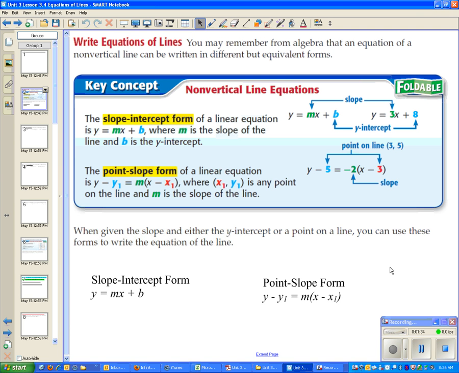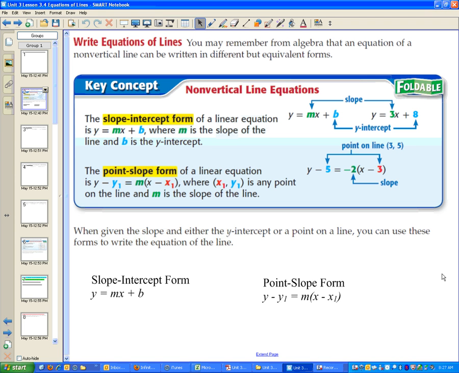Okay? But a very, very useful form is the point-slope form. Now, there are other ways to come up with equations of lines besides the ones I'm going to show you right here. And you may know those, and you may remember them, and you may not. But I'm just going to show you a few basic things that will always work.